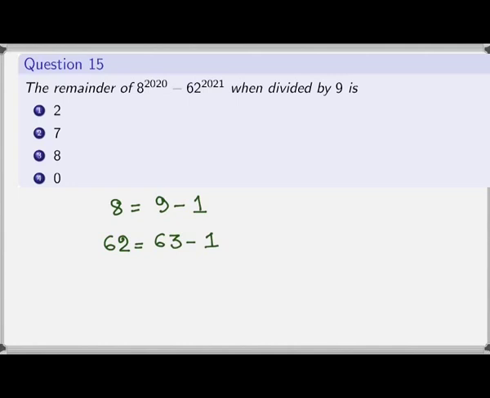We know that 63 is 7 into 9. So if we write 8 and 62 like this, then it becomes simpler to find out the remainder of the given number when we divide the number by 9.